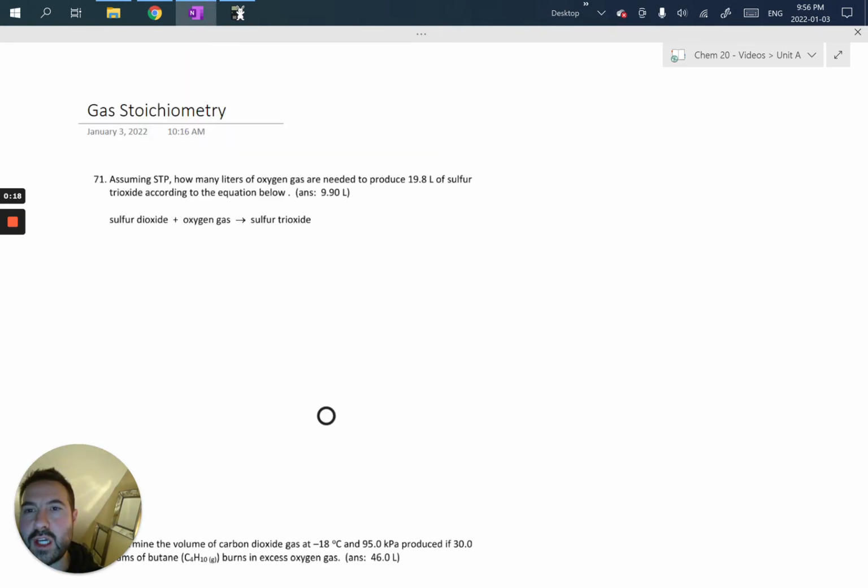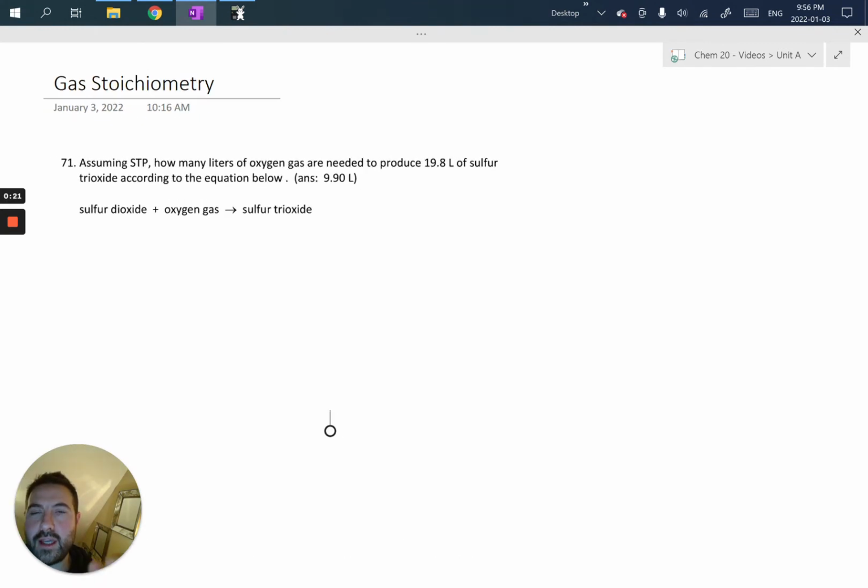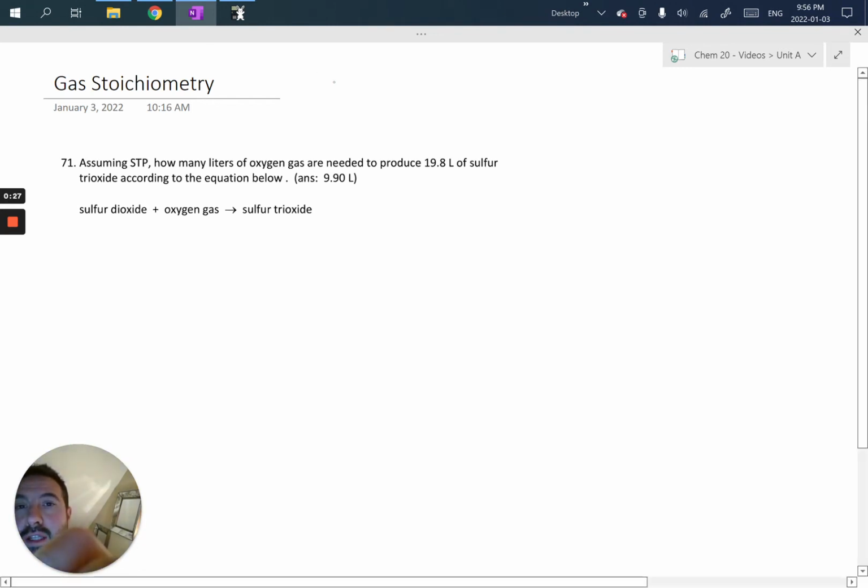Now, when we're doing gas stoich, we need to recall a couple of things. This data will be in your data booklet as well. We need to know that at STP, standard temperature and pressure, we have a molar volume of 22.4 liters per mole.